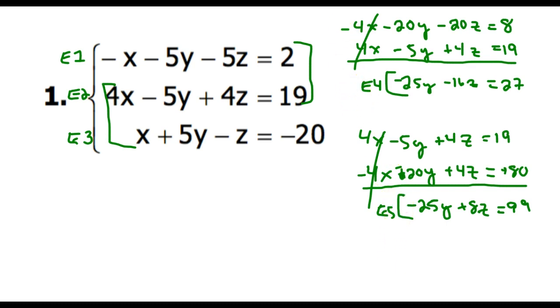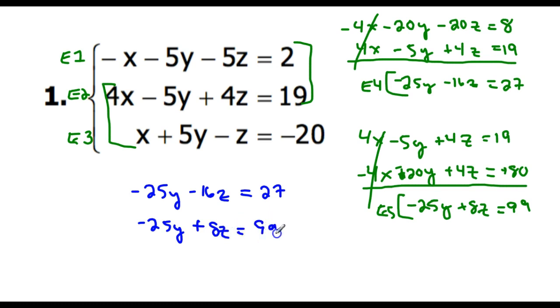So now I'm going to take equation 4 and equation 5 and write them together as a new system of equations. Negative 25y minus 16z equals 27. That's equation 4. Equation 5 is negative 25y plus 8z equals 99.